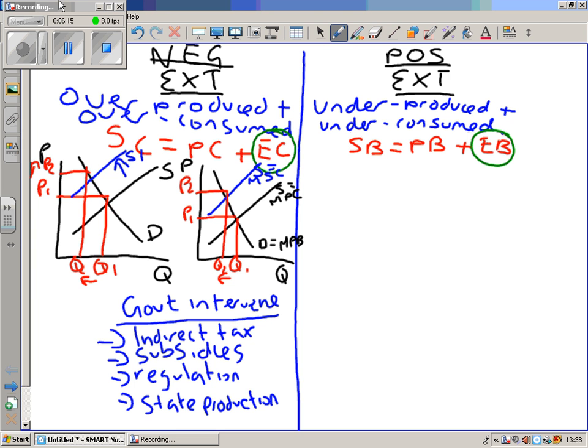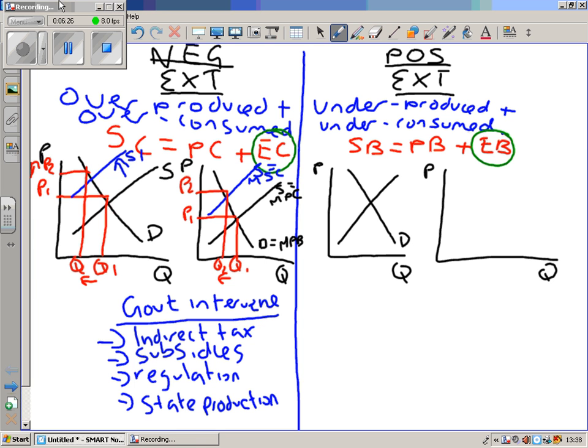Again, we've got diagrams we can use. We can go for a simple one, and again we can go for a more difficult one. Start with a simple one first of all. So remember, positive externalities, underproduced, underconsumed. We're at P1, Q1.